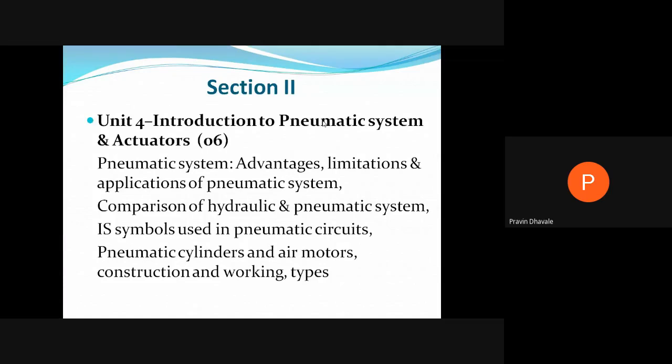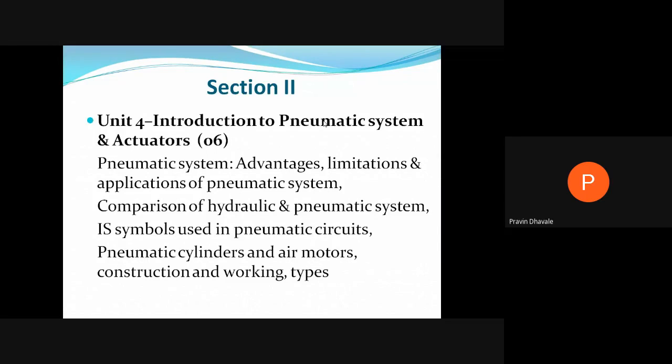Whether oil is compressible? Yes, oil is compressible or not? No. Oil is incompressible, right? It is based on Pascal's law, so the working fluid must be incompressible. But in a pneumatic system, we use air as a working substance, and it is compressible.